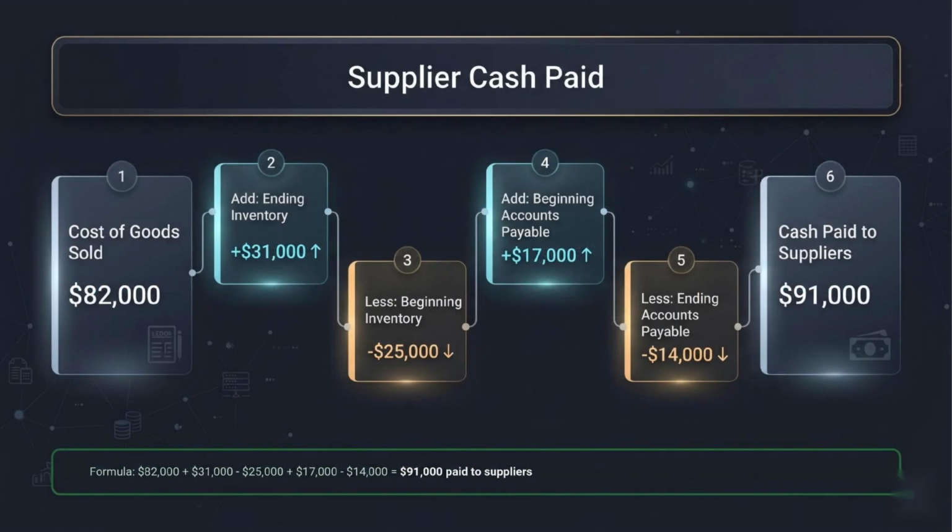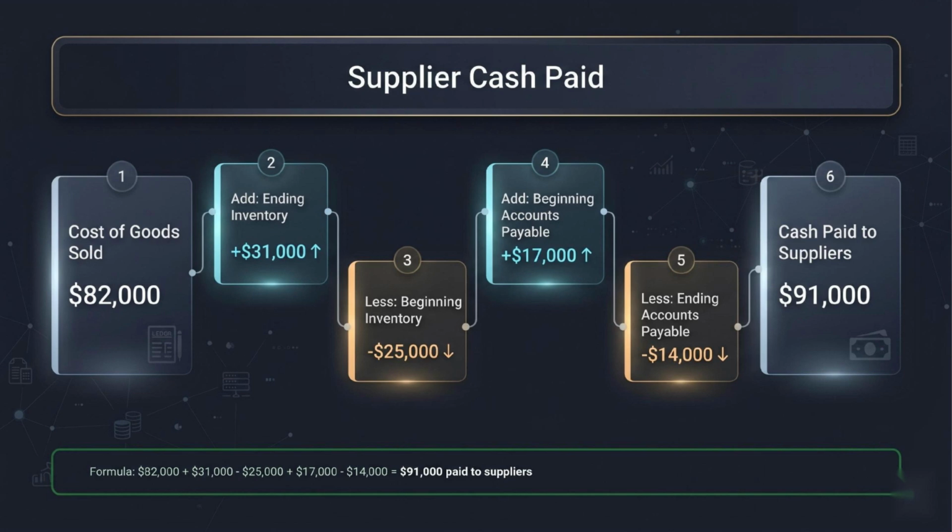Now we calculate cash paid to suppliers. Start with cost of goods sold of $82,000. Add ending inventory of $31,000 because inventory on hand at period end was purchased but not yet expensed through COGS. Subtract beginning inventory of $25,000 because that inventory was already on hand at the start.